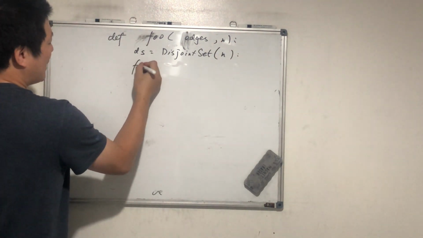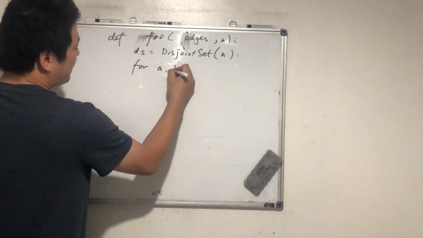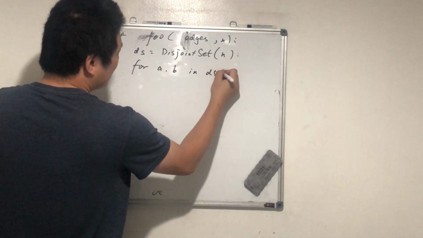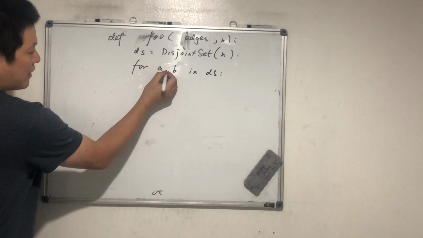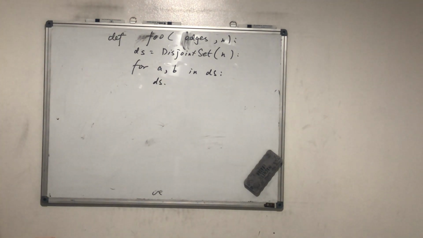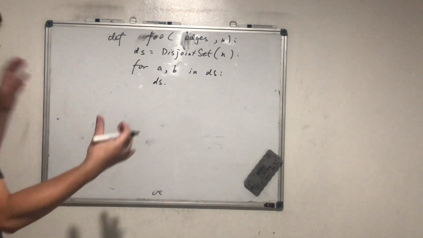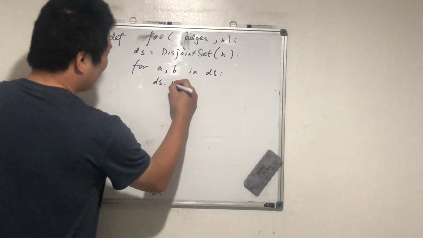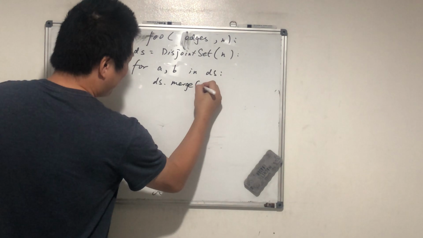And then we do this: for a, b in edges, A is a friend of B, so we do ds dot what? Which function is it? Come on, we want to merge. Merge A and B, right?